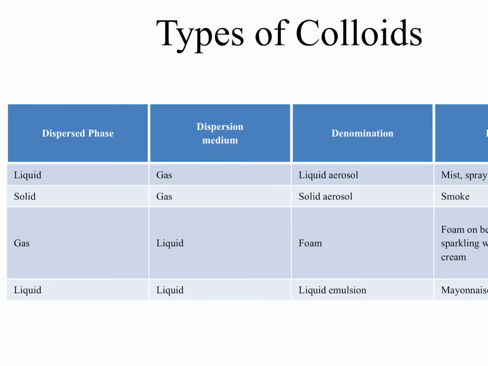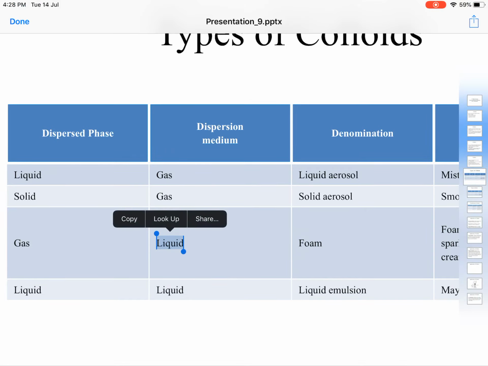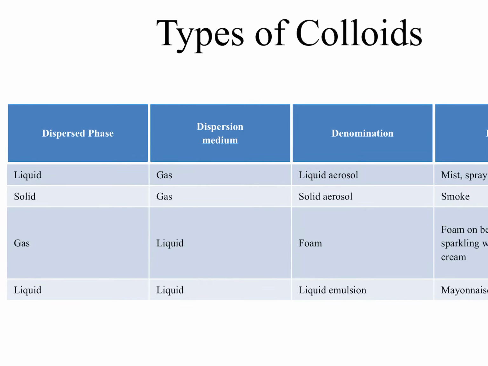If the dispersed phase is liquid and the dispersion medium is gas, that is called a liquid aerosol. Examples: mist and spray are examples of liquid in gas. Liquid is the dispersed phase, gas is the dispersion medium.